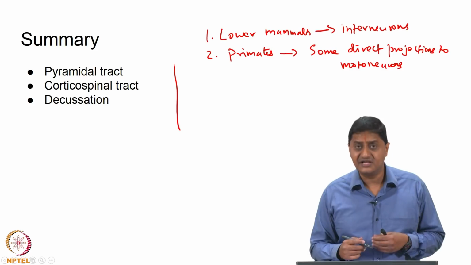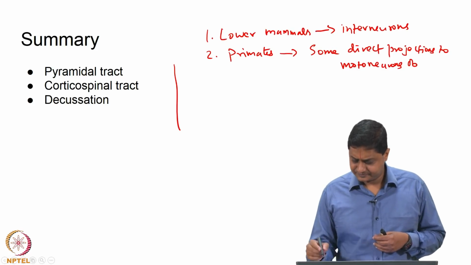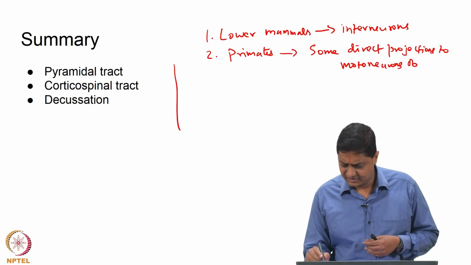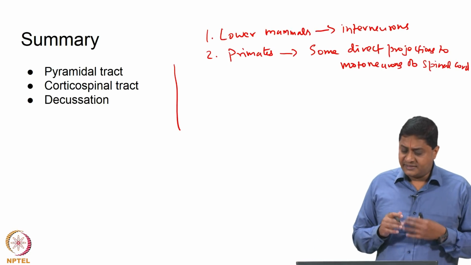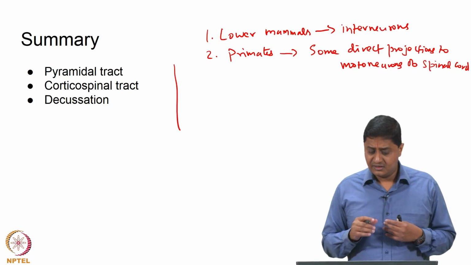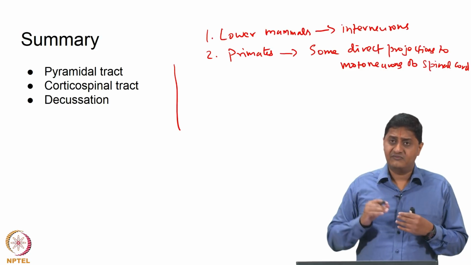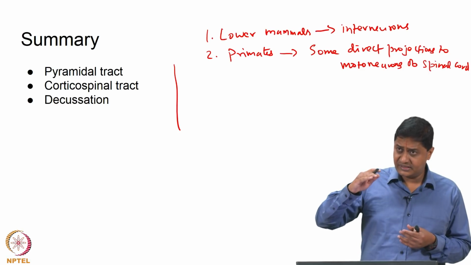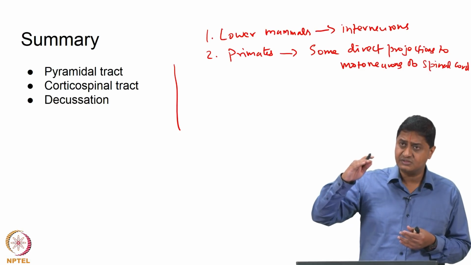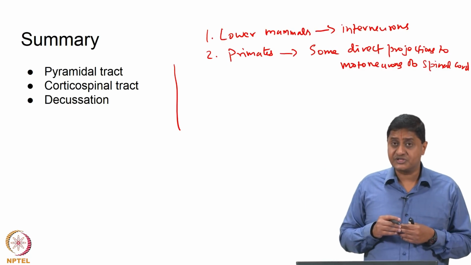Where are these? We have studied where these are. These are in the ventral nuclei of the spinal cord, is it not? We have said this in the previous classes. And this increases within the primate phylogeny. So, as you go up within the primate family, from macaques to great apes to humans, the amount of direct projections increases.